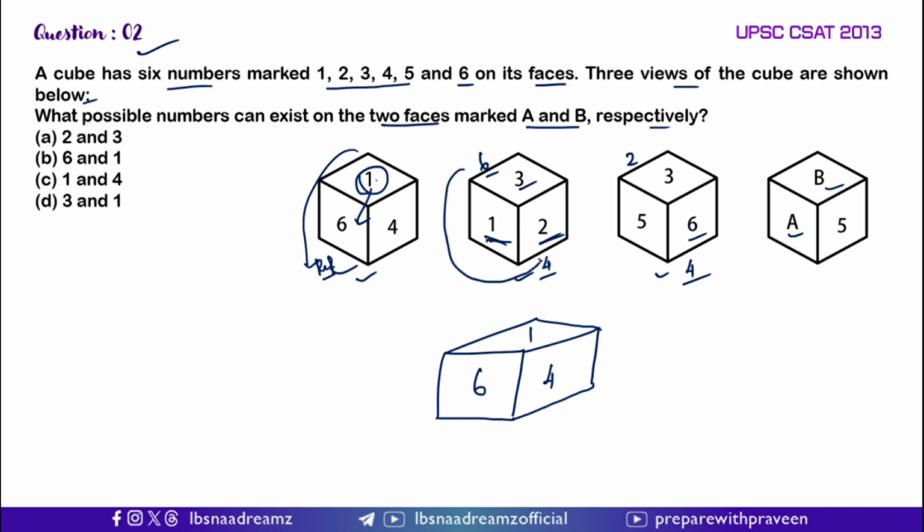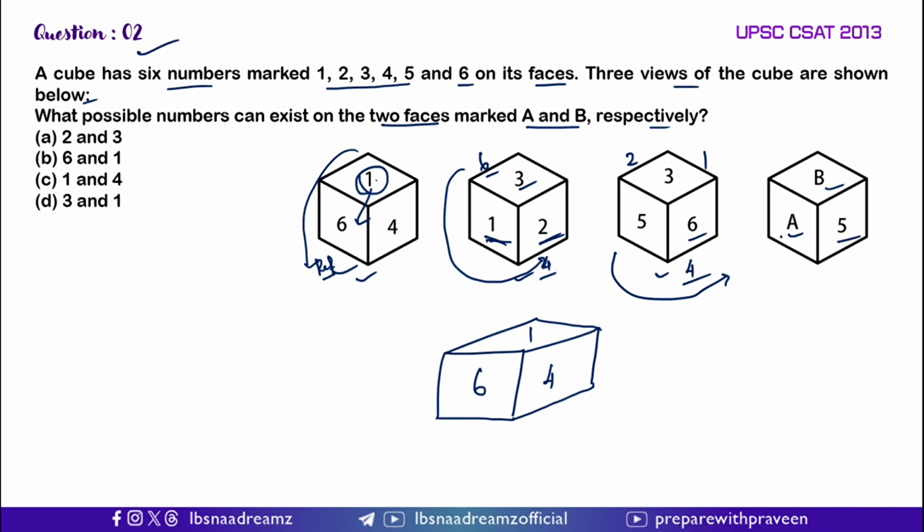Okay, so they have rotated the cube, so 1 will be here. So 5 and 1, they are in the opposite direction. Okay, now they have again rotated this cube like this, so 5 is in this side.